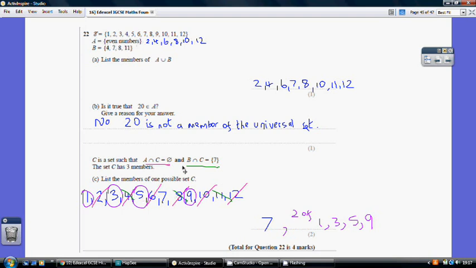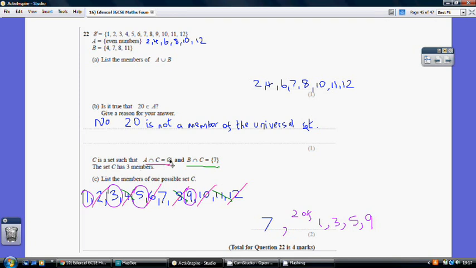Now for part C, this is quite tricky. So let's start off with all the possible numbers that we're at least considering may be in C. So I've listed out the universal set as a starting point. Now let's just work our way through these facts. We're told that A intersection C equals an empty set.